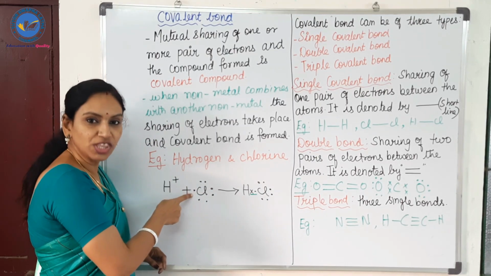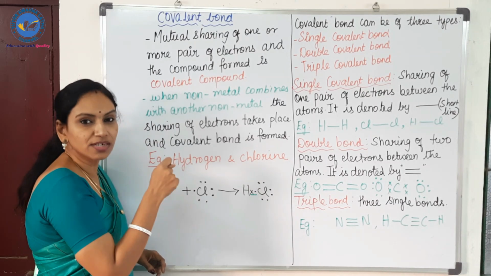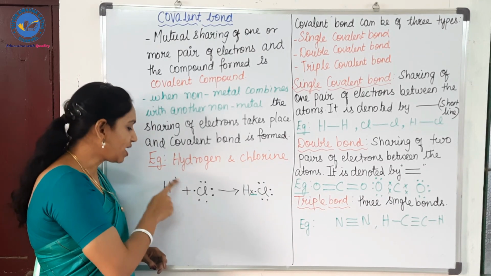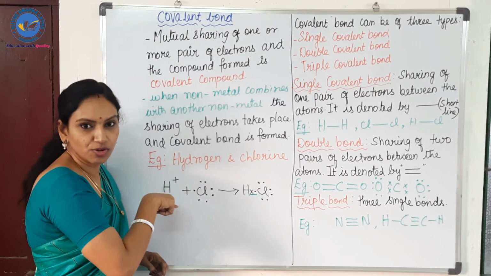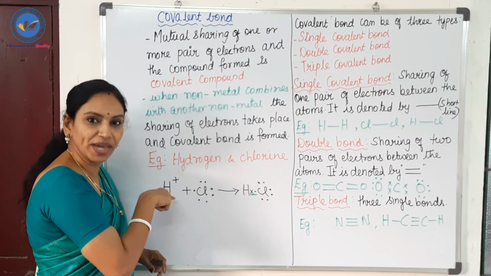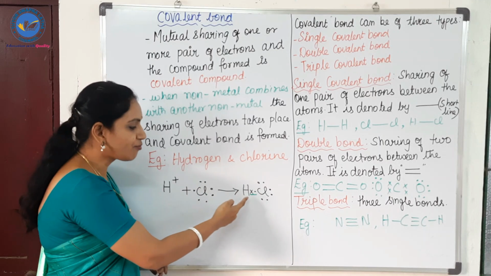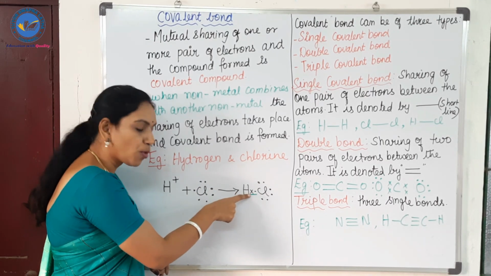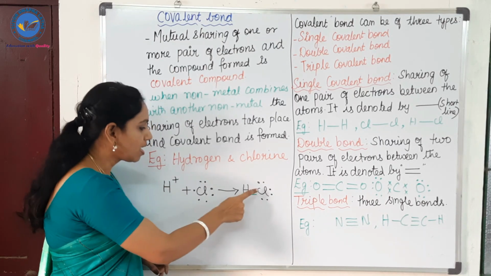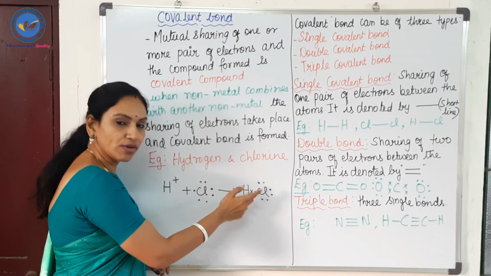One is left without a pair, so it needs 1 more electron. Hydrogen also is left without a pair and needs 1 more electron, so it gets it from chlorine. I have denoted it with green: 1 unpaired electron from hydrogen and 1 unpaired electron from chlorine form a bond.